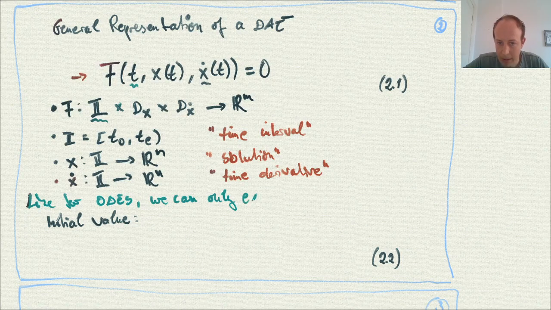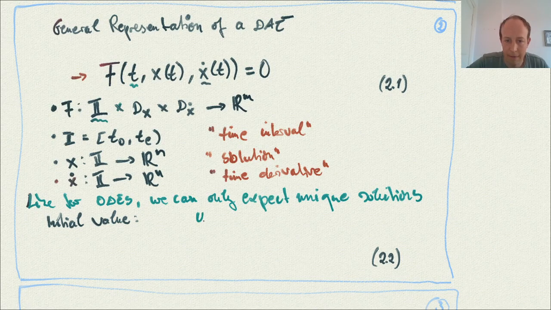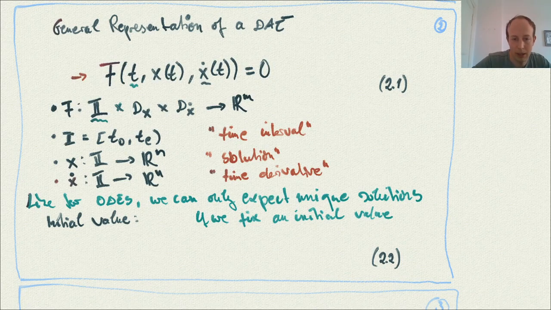We can only expect unique solutions, or well-posed problems, you can phrase it like this, if we fix an initial value, and that's what we're going to do here as well.